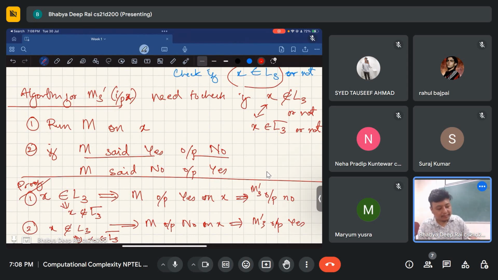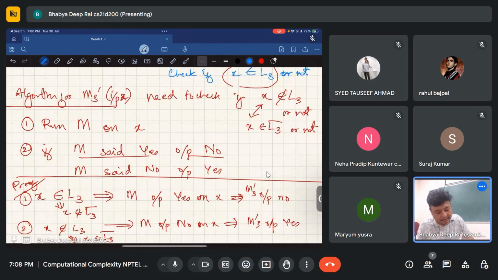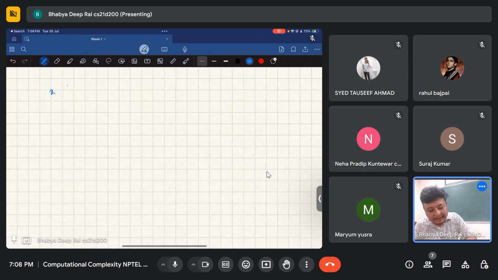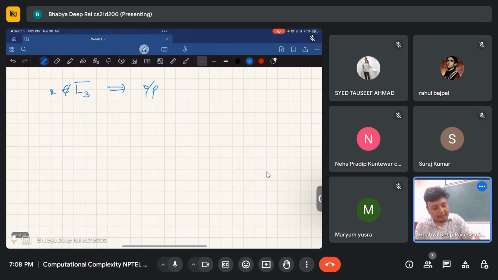Now, if X is not in L3 bar, then we outputted no. If X is in L3 bar, we outputted yes.